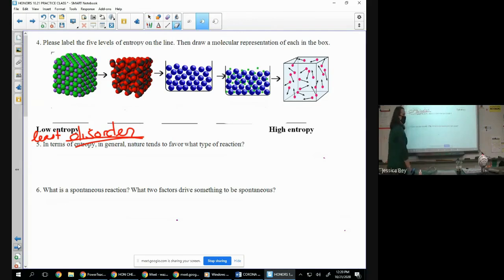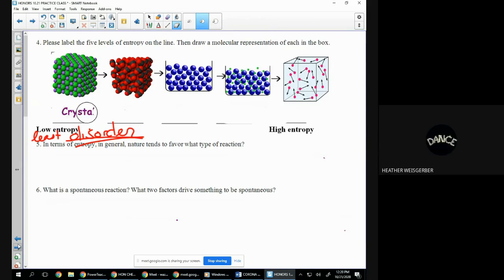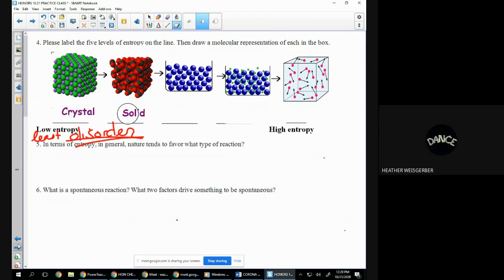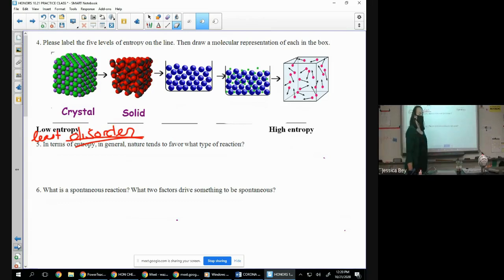Do you know, Heather, the least disordered substance we have? Crystals. Crystals, and then come what? And then solids. You got it. Crystals and solids. They're very close in entropy. I'm probably not going to talk very much about crystals, but you're in honors chem, so you got to know about them. And then if we have a little more disorder, okay, they're shaken in place, those are solids.